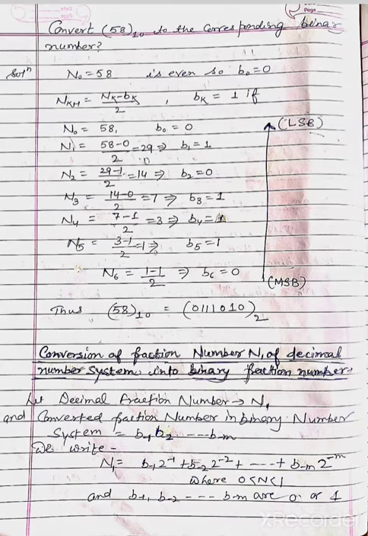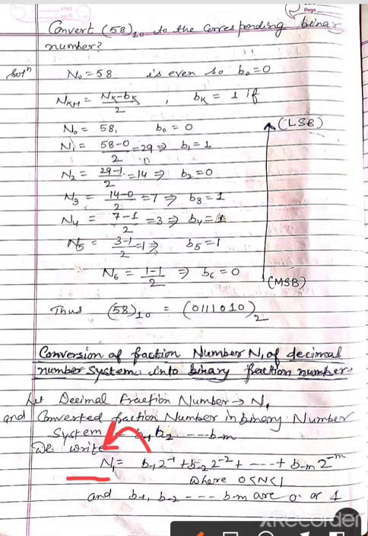So we can write it as we have used it in the previous lecture. This is the conversion of a binary number into a decimal number, and we are using it here in reverse.